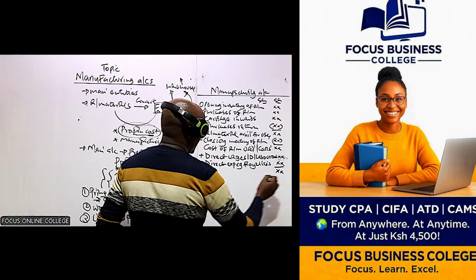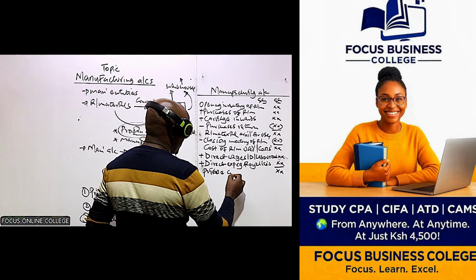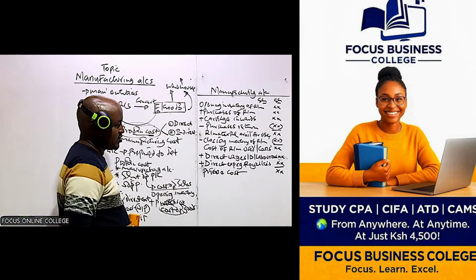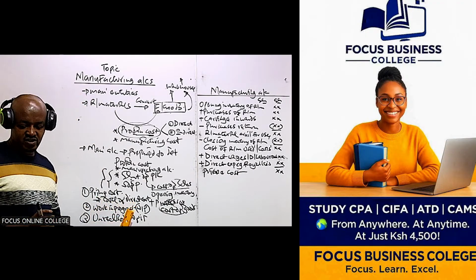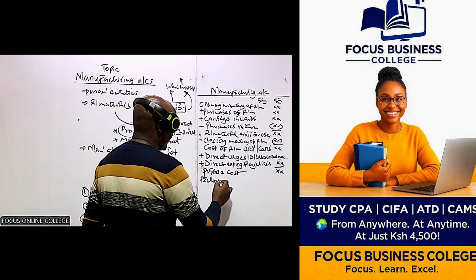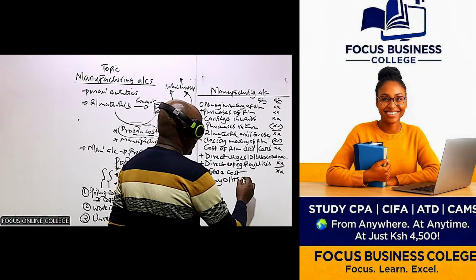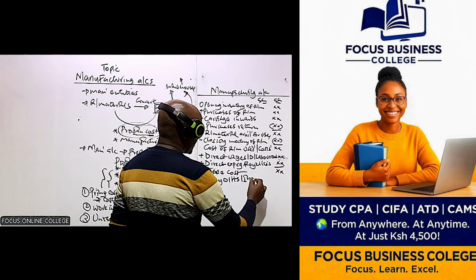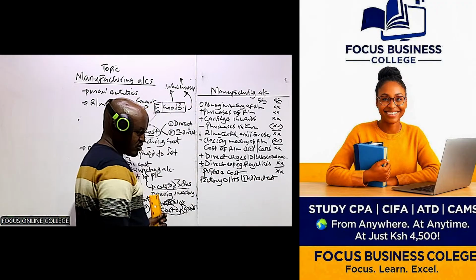So you add all this, and basically what we get here is what we refer to as the prime cost. Remember, we have said that the prime cost is the total of the direct costs. So after getting the prime cost, we proceed and now we add the factory overheads. Remember, I've said factory overheads, in other terms, are the indirect production costs.